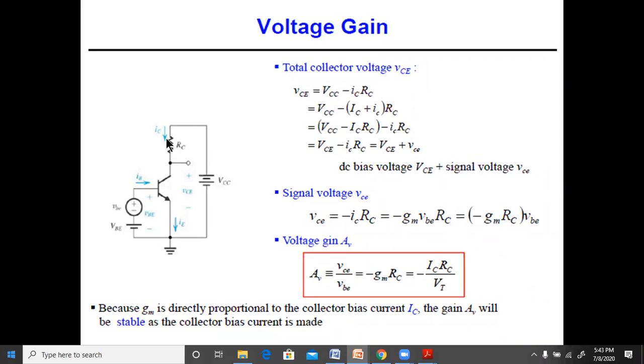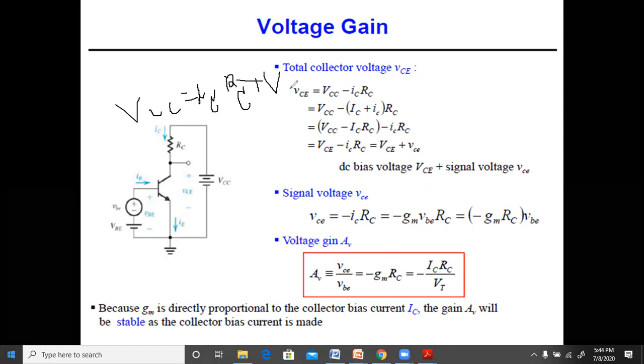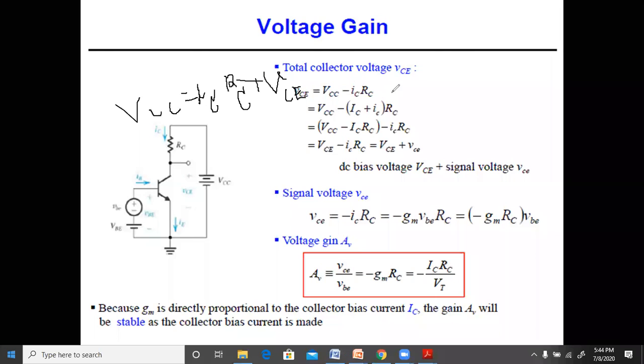If I annotate over here, I can write VCC is equal to IC, capital I, capital C, RC, plus VCE, capital C, capital E. Now if you want to find this VCE, then naturally it will be VCC minus this, and that is what is written over here.